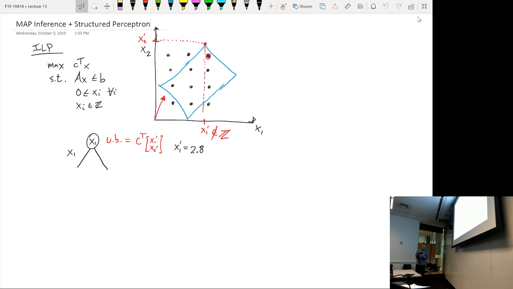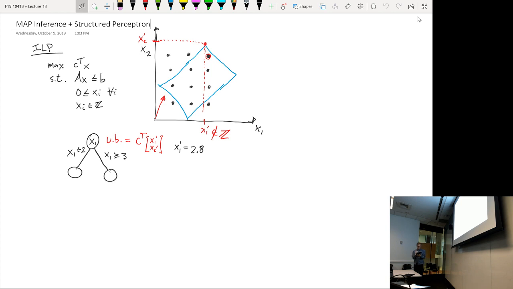One would be x1 less than or equal to 2, and one would be x1 greater than or equal to 3. So when we branch on this variable, we're effectively creating two new subproblems.